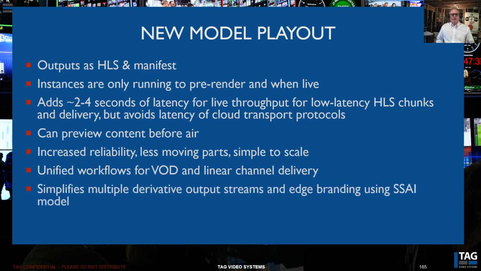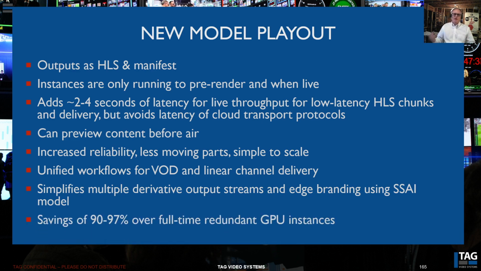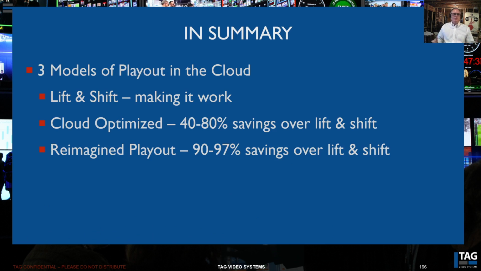And we've also simplified creating multiple derivative output streams and edge branding using the same server-side ad insertion technologies we've been using for OTT for a long time. All while saving between 90 and 97% over full-time redundant GPU instances. That's a huge savings, right? So look at that. Those are the 3 models. So lift and shift.